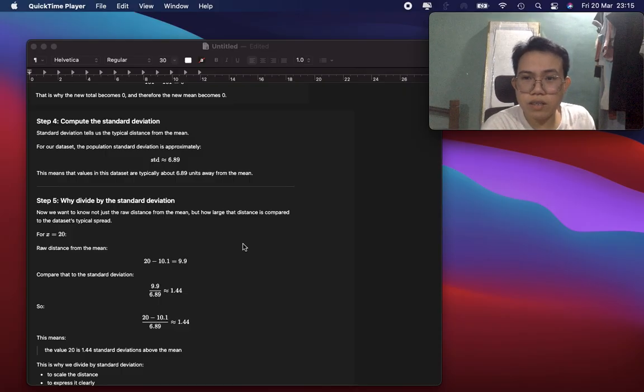If we only subtract the mean, it's so hard to interpret and to have an idea of how far it is. So we use a typical distance average, which is the standard deviation, to calculate how far it is. The measurement that we're going to use is the standard deviation, the standard scale.